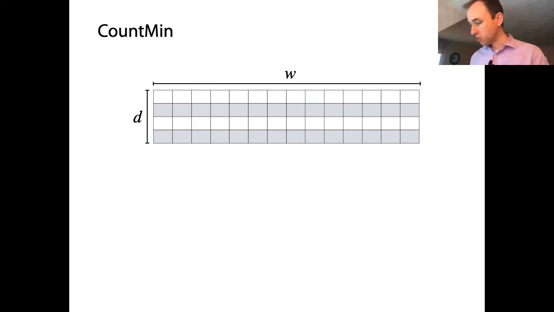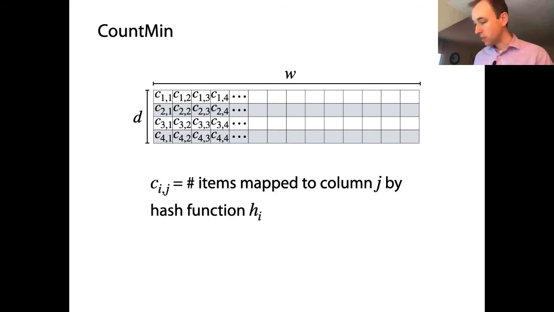Each of these elements is a counter, so let's give them names too. For example, the counter in the upper left-hand corner is 1,1: row 1, column 1. Row 1, column 2, row 1, column 3, etc. These are just different counters corresponding to the value in that element of the matrix.